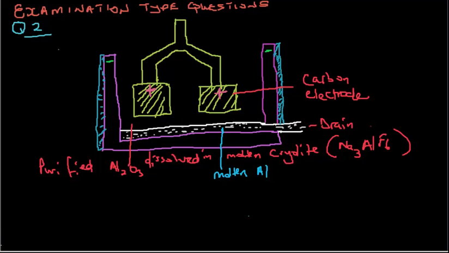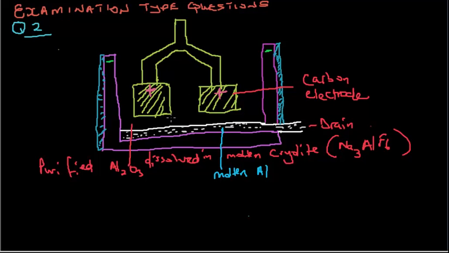Question 2.2 says, is aluminium formed at the positive or at the negative electrode? Write down positive or negative only. Remember what we said on electrolytic cells. The signs of the anode and the cathode are the opposite of those of galvanic cells.